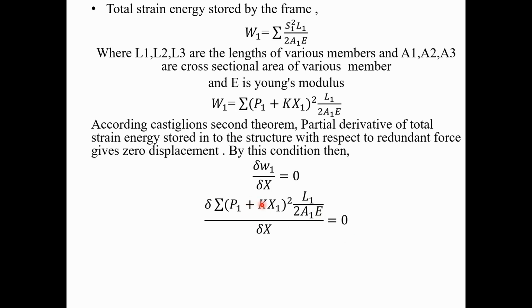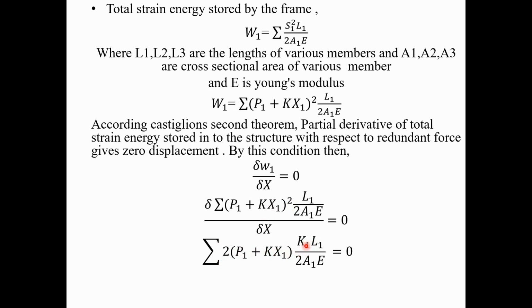By taking differentiation of this term, we apply the u into v rule. We take first the differentiation of (P1 plus Kx1) square, because L1 upon 2A1E is a constant term, so this term is as it is. The differentiation of the whole term, as we are taking square, will be 2 into (P1 plus Kx1), but P1 is constant, and the differentiation of Kx1 with respect to x is K1.